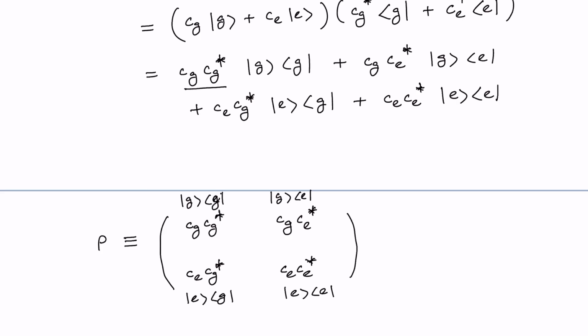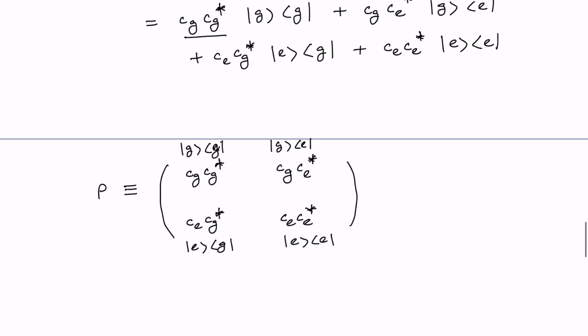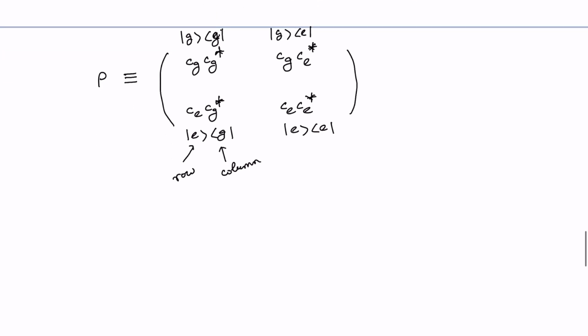Okay, so what you have seen is that the first term, the ket term, corresponds to the row, and the other one, the bra term, is associated with the column. As you can make it out easily, just look at it carefully and you will get it.